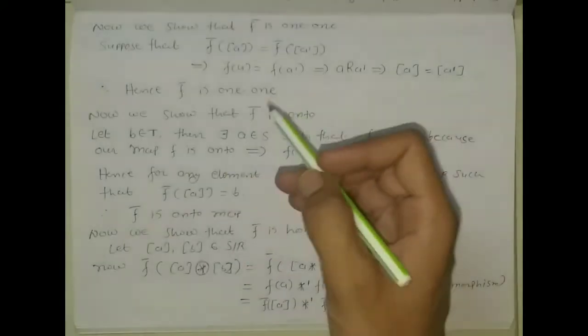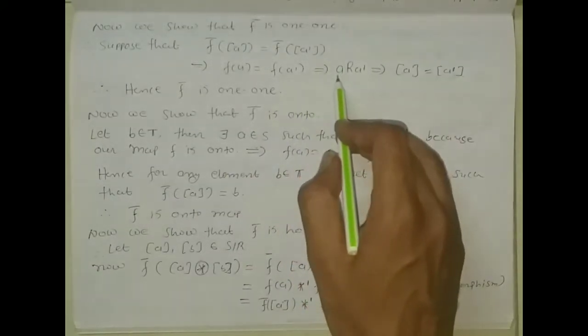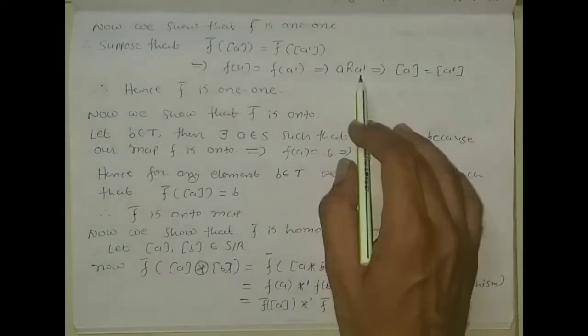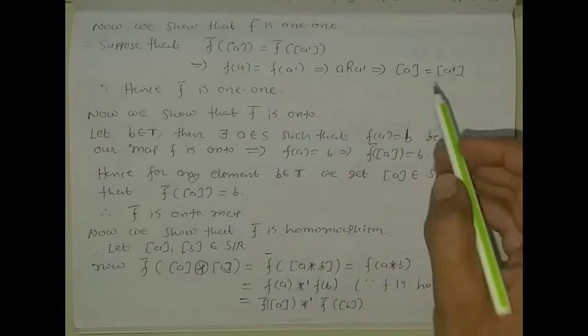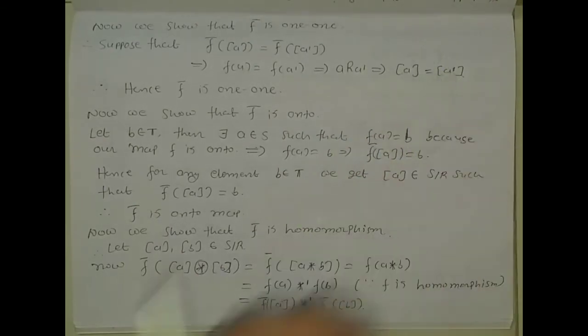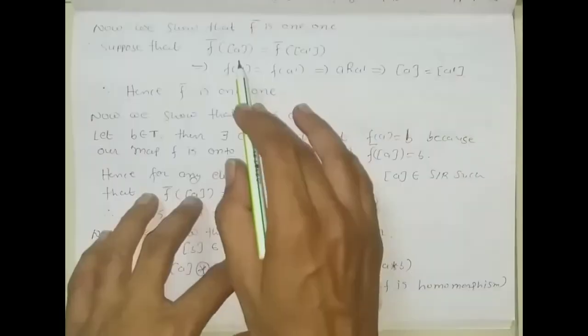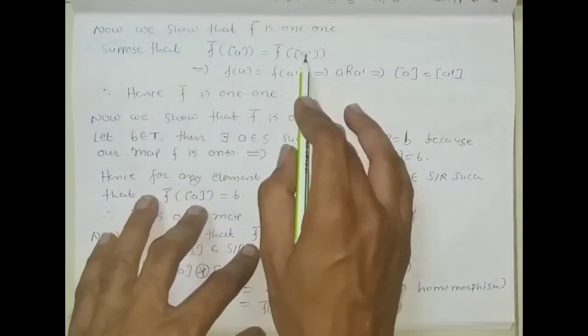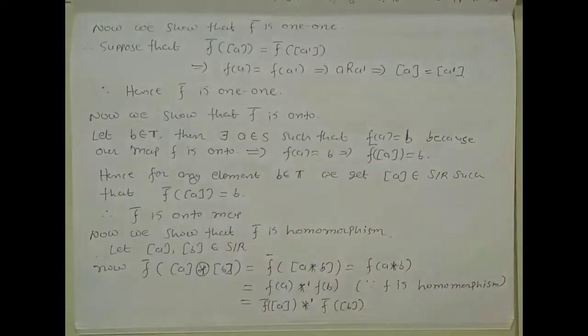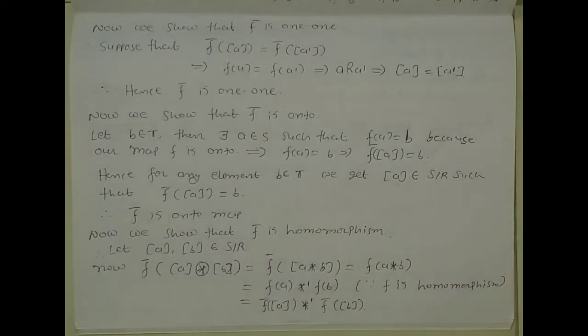Now F of A is equal to F of A dash, that means A is related to A dash. Now these two elements A and A dash are related, so equivalence classes of A and A dash are also same. So whenever two images are same, then their elements are also same. So F bar is a 1 1 map.